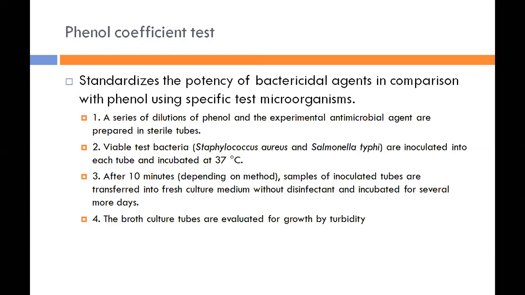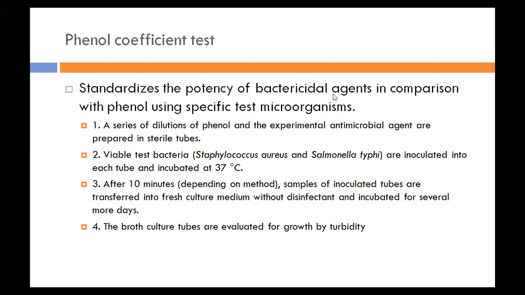Viable test bacteria, for example Staph aureus or Salmonella typhi, are inoculated into each tube and incubated at 37 degrees Celsius. After 10 minutes, depending on the method or time variable, samples of inoculated tubes are transferred into fresh culture medium. The last step is that the broth culture tubes are evaluated for growth by turbidity.